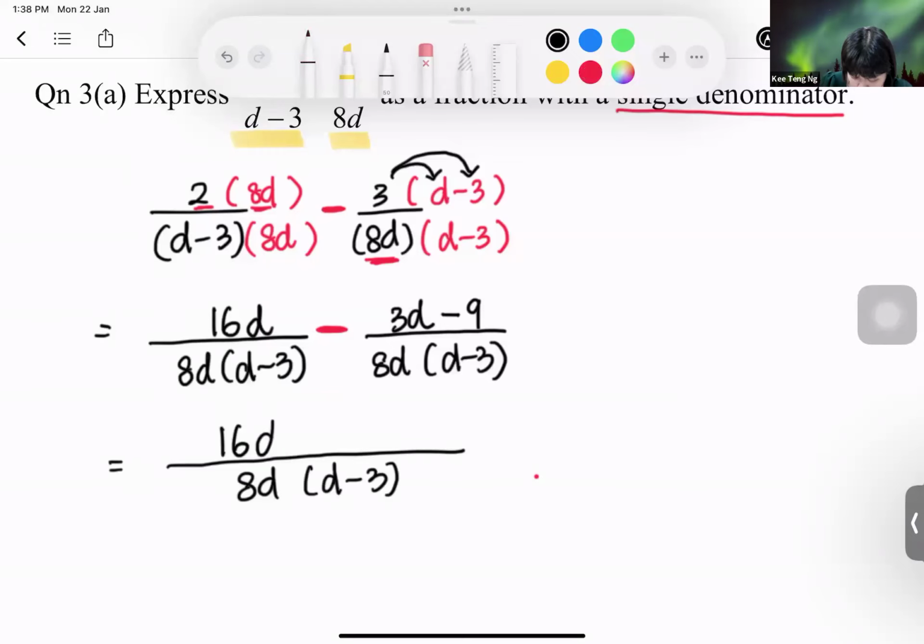This is 16d. But I need to be careful. This is the trap where you will begin. This is subtract the whole of 3d minus 9. What will happen to the sign over here? So be careful, and take note of the sign.